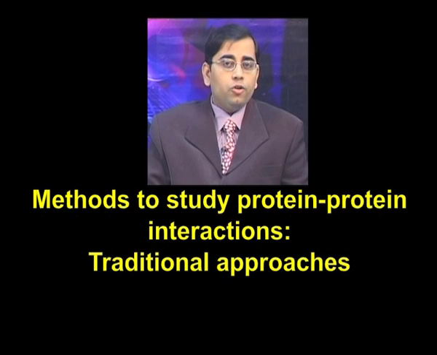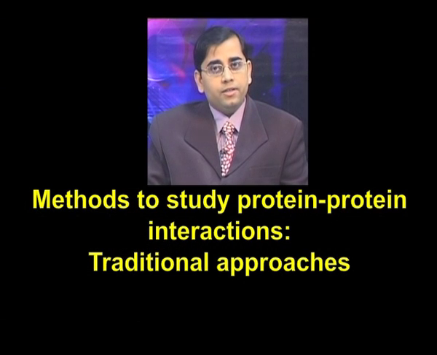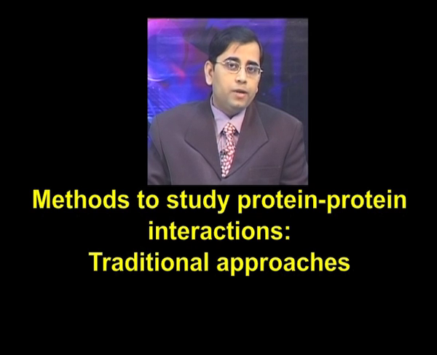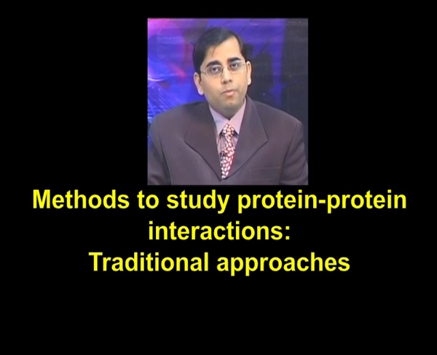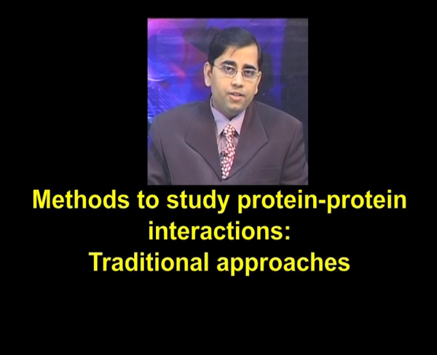So, the traditional ways of studying protein-protein interactions involve Yeast-2 hybrids and immunoprecipitations. These are two widely recognized technologies which have been used to map protein-protein interactions at large scale.